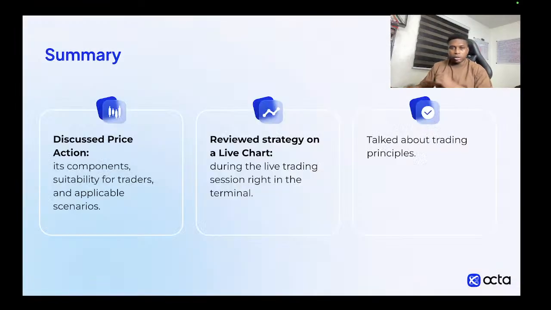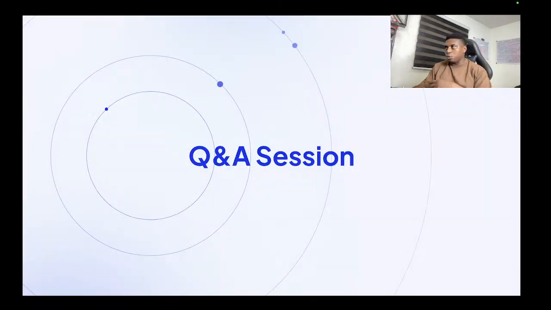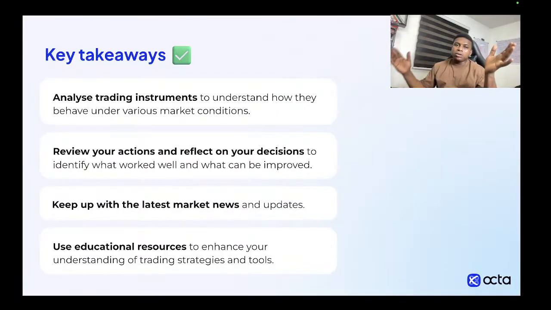Okay, good. Now, the summary of our session today is around price action, helping you understand price action. Also, we looked at a live trading scenario, right from the Octa trading terminal, and we've also talked about trading principles that we need to follow. All right. Now, here is a key takeaway I want you to go home with.